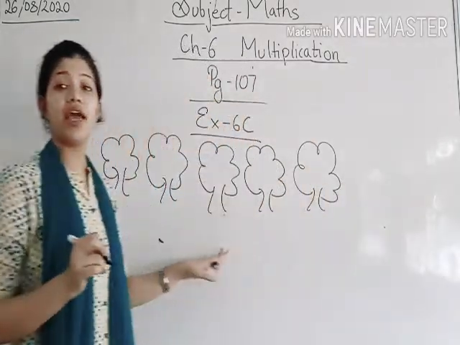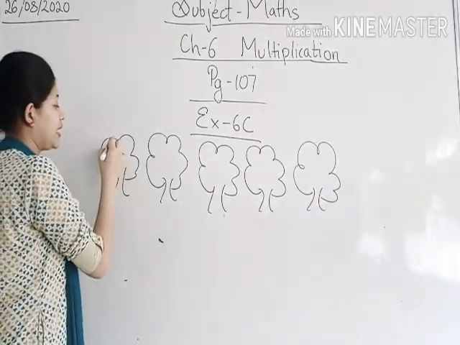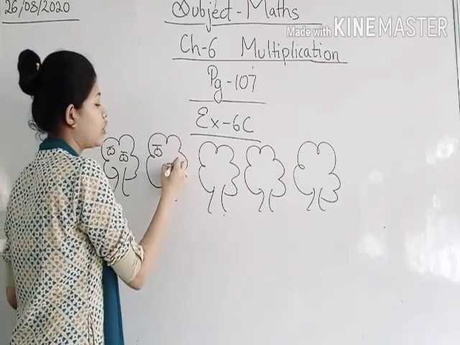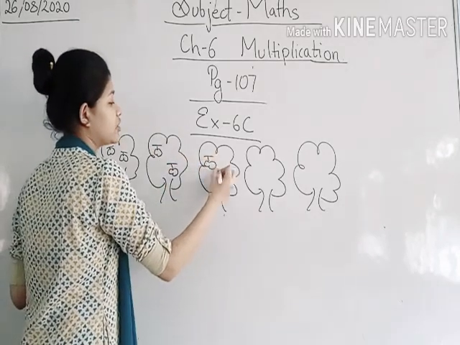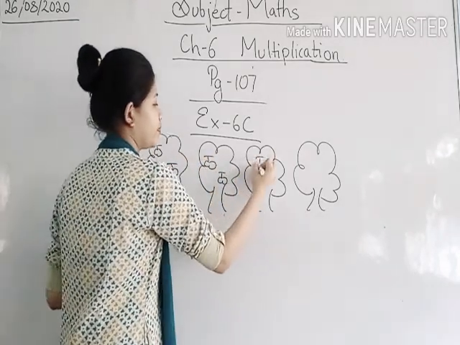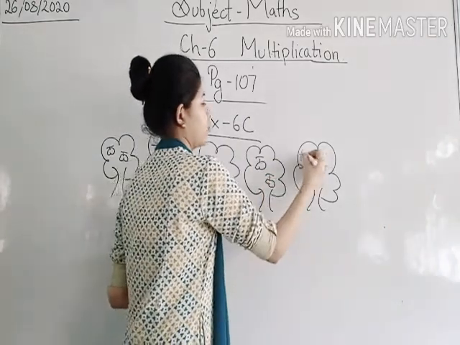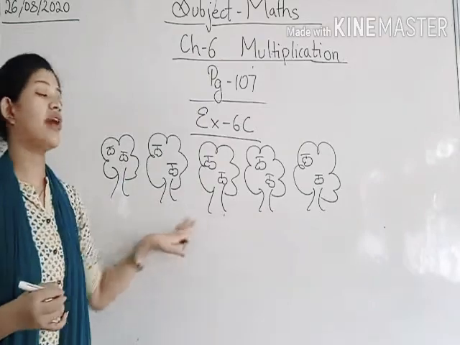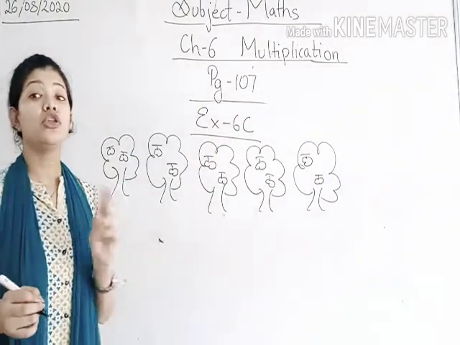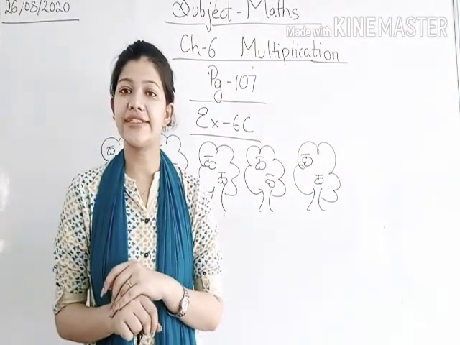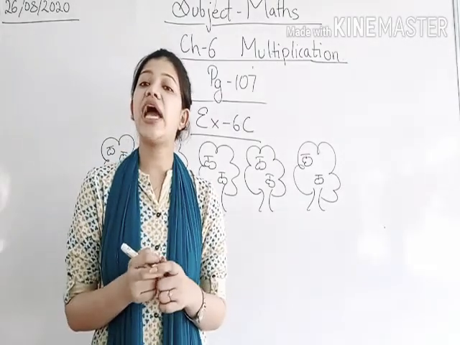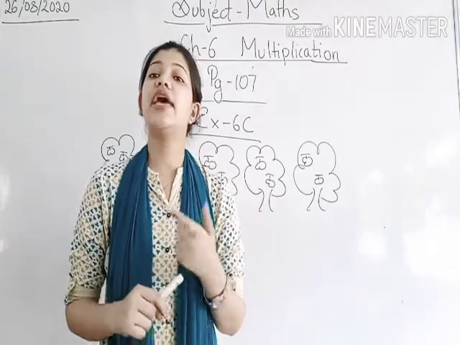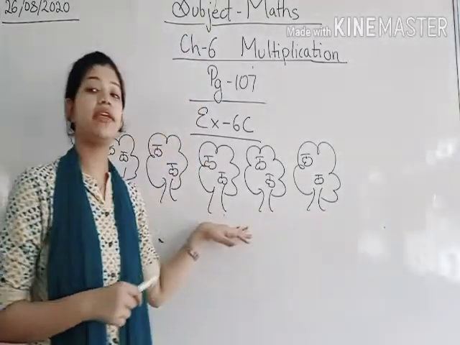Okay, there are 5 trees and there are 2 apples in each tree. There are 5 trees having 2 apples each. Now we have to write the multiplication fact with the help of this diagram.